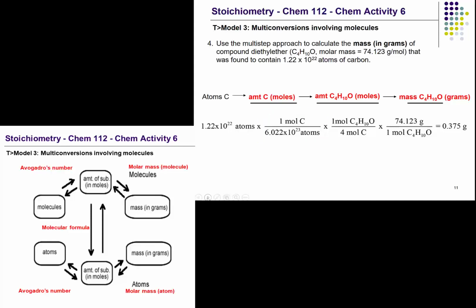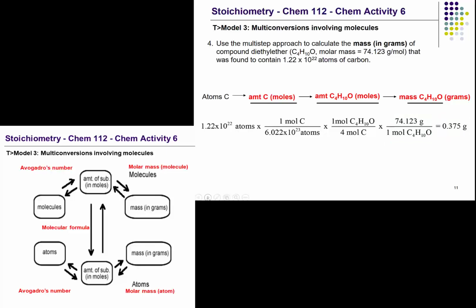Note that I've simplified the calculation a bit by actually dropping the atoms, like 1 mole of carbon atoms. I'm just saying 1 mole of carbon. And then we convert, using the molecular formula, to the amount of our compound. And then finally, once we know the amount of our compound in moles, we convert to the mass of our compound, 0.375 grams.